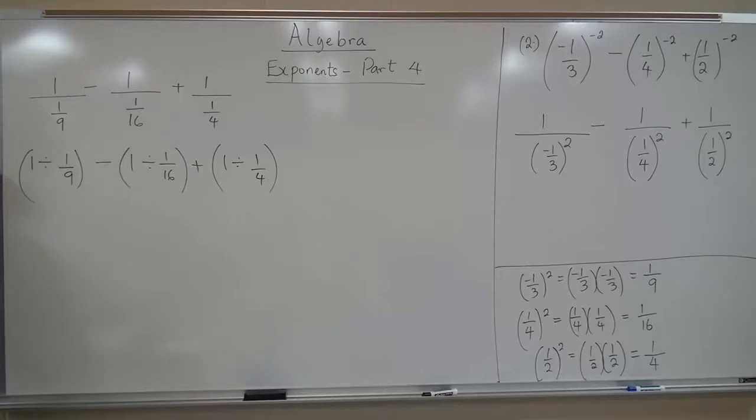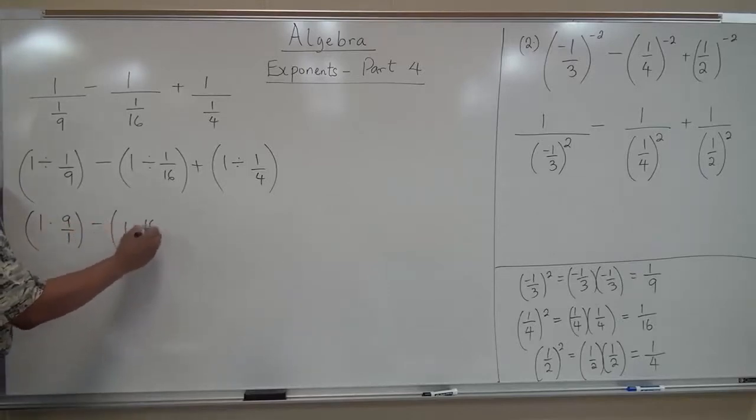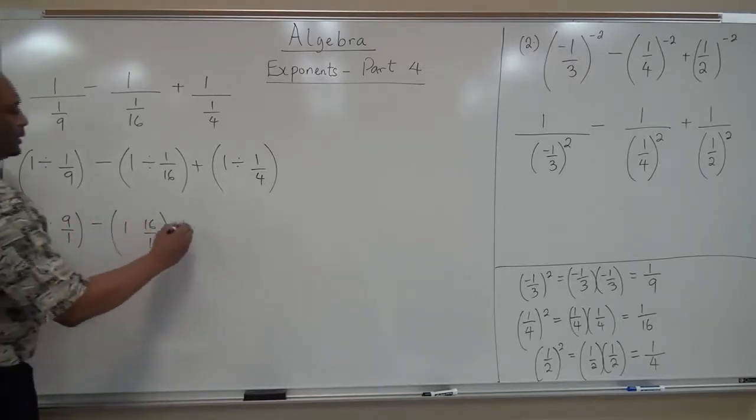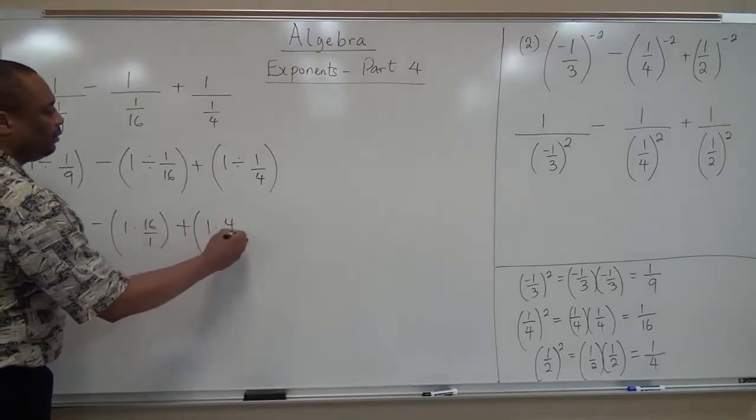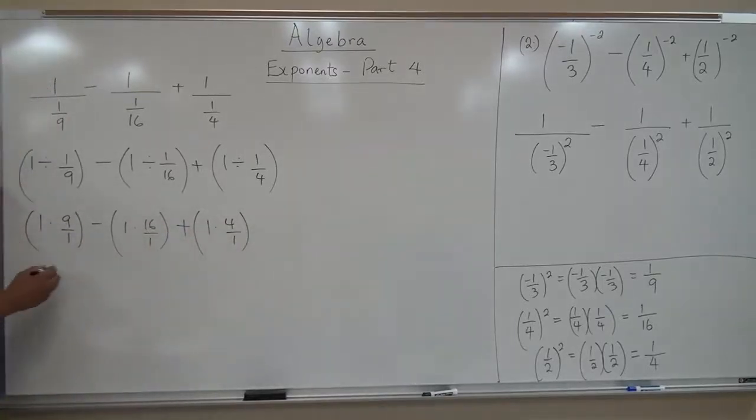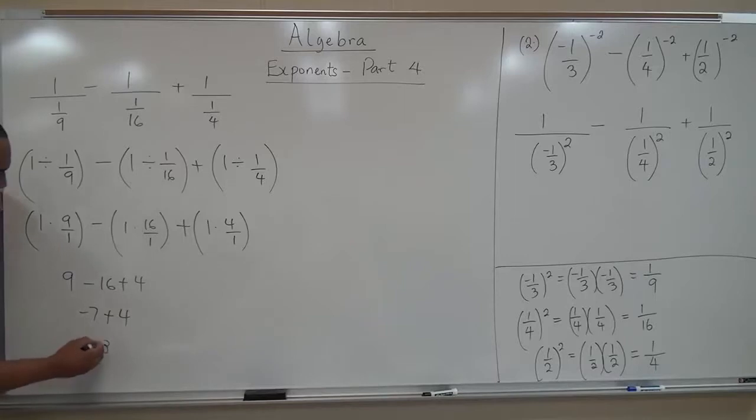Step by step. Now this becomes 1 times 9 over 1 minus 1 times 16 over 1 plus 1 times 4 over 1. So this becomes 9 minus 16 plus 4. 9 minus 16 is negative 7, plus 4. You owe 7, you have 4. You owe 3. Negative 3.